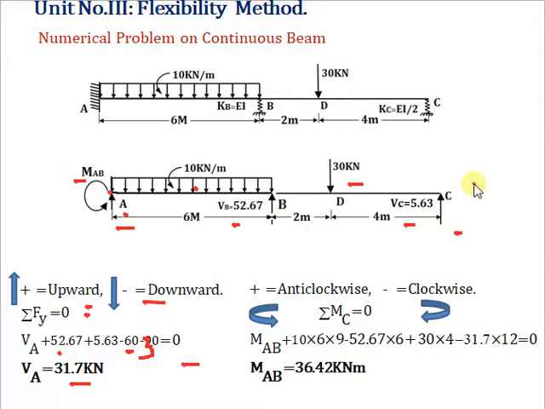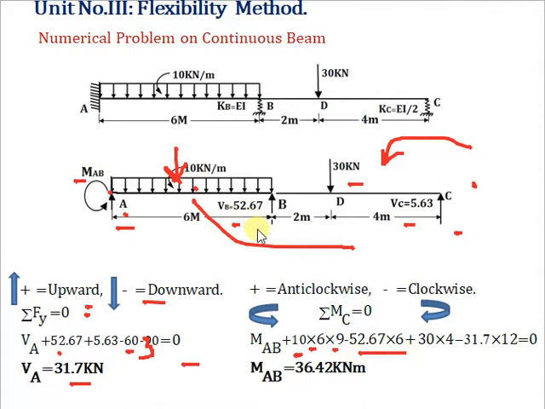Now take moment about C and find the moment MAB. We assume anticlockwise positive, so plus MAB. Then the moment due to the 10 kilonewton UDL, which rotates about the point C in an anticlockwise direction, so plus 10 into 6 into lever arm 9.